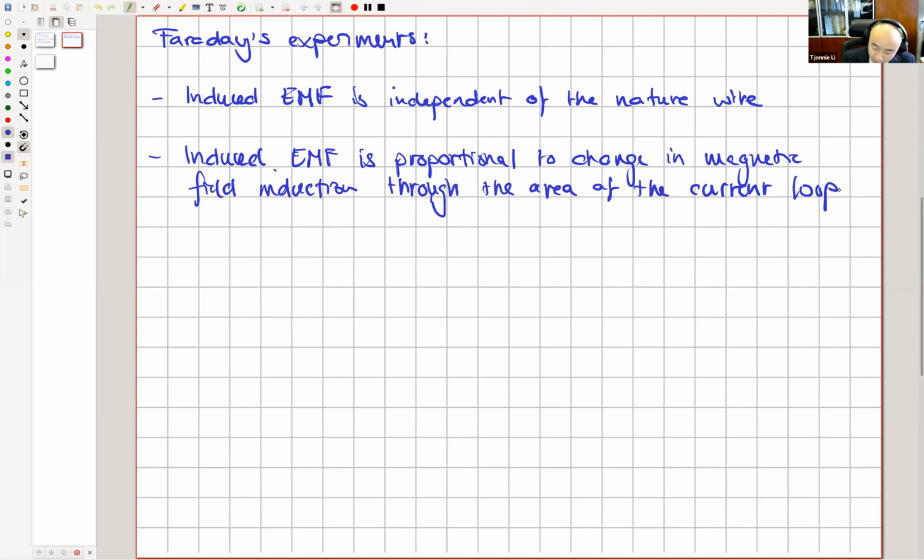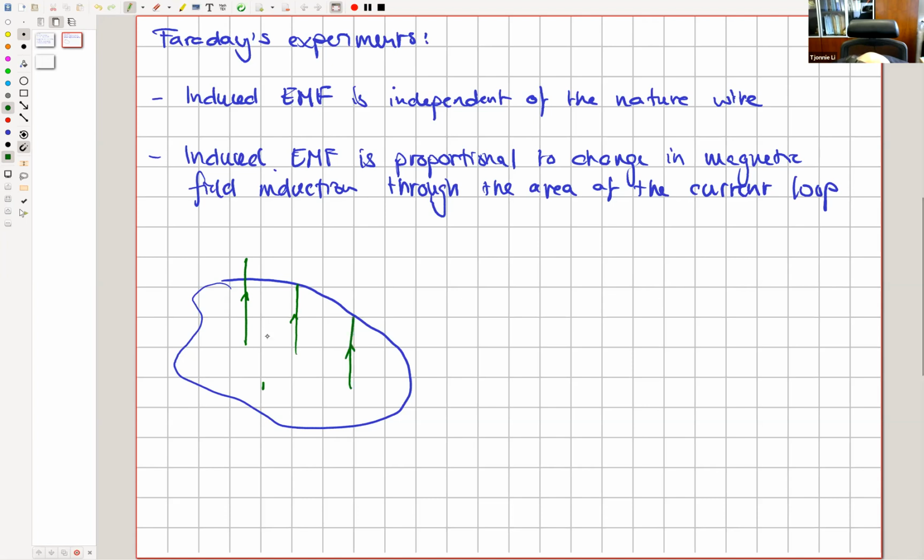We can understand this by imagining a current loop, just some current loop, and there's some magnetic field. B is some field, and we can have some C, a description of the loop, and we can specify some small area.